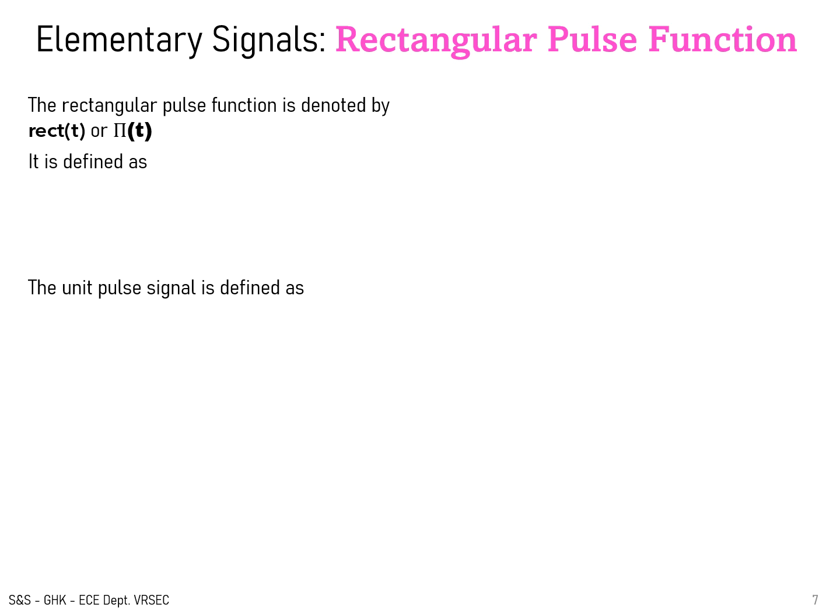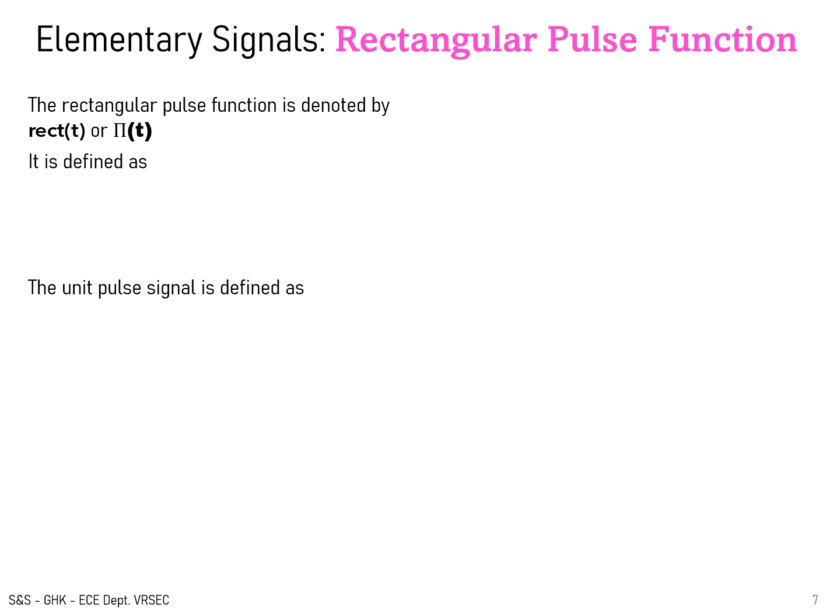Here the differentiation of the ramp signal results in a unit step signal, and the differentiation of the unit step signal results in an impulse. And in the other way, the integration of the impulse signal results in the step signal, the integration of the step signal results in the ramp signal, and the integration of the ramp signal results in the parabolic signal.